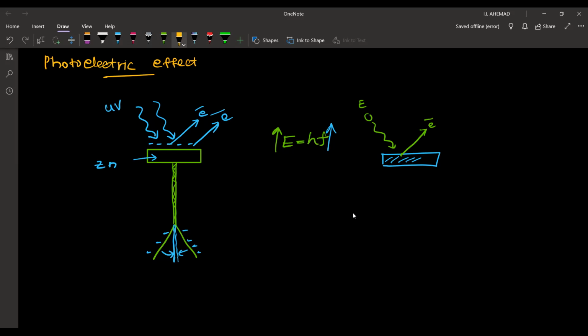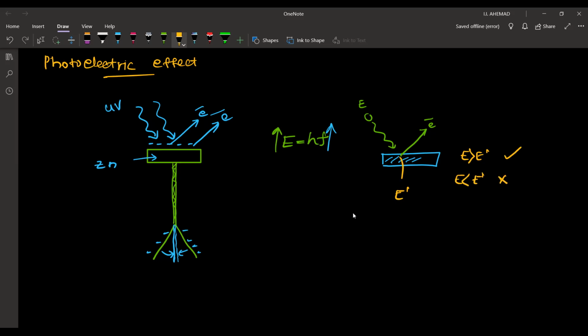Now I only need energy E dash to remove, but the energy initially E is greater than E dash. Then what will happen? Will an electron get removed? If the energy of a photon is greater than that required, will it get removed? Obviously, yes. If it is less, will it get removed?